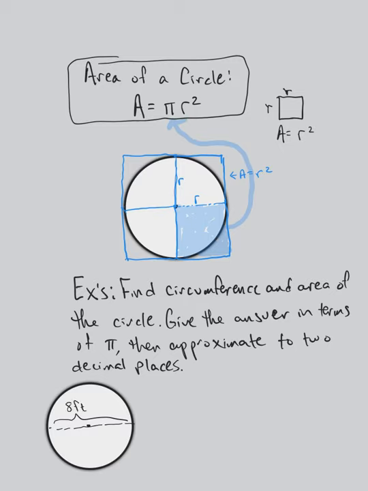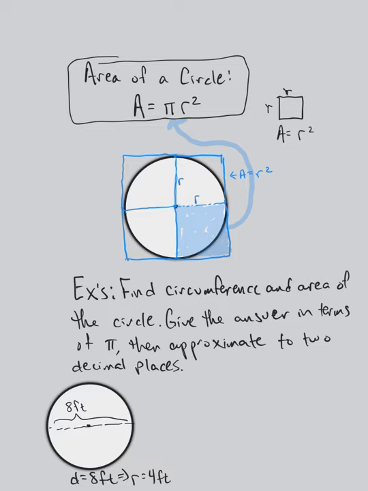So what is that giving me in this problem? It's telling me that the diameter is 8 feet. So what does that tell me the radius is? Well, there are 2 radiuses in a diameter, so the radius is equal to 4 feet. To get the diameter from the radius, you multiply by 2. So to go backwards, you divide by 2.